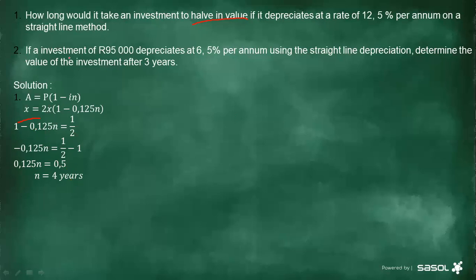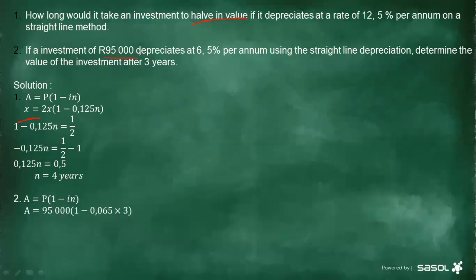Number 2: if an investment of 95,000 depreciates at 6.5% per annum using straight line depreciation, determine the value of the investment after 3 years. You write the formula for depreciation, and then you substitute the values, because this is the investment.